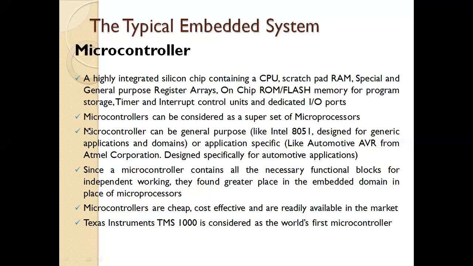They can be general purpose or application specific, or designed specifically for automotive applications, since a microcontroller contains all the functional blocks like RAM, ROM, flash memory and timers inbuilt on the chip.